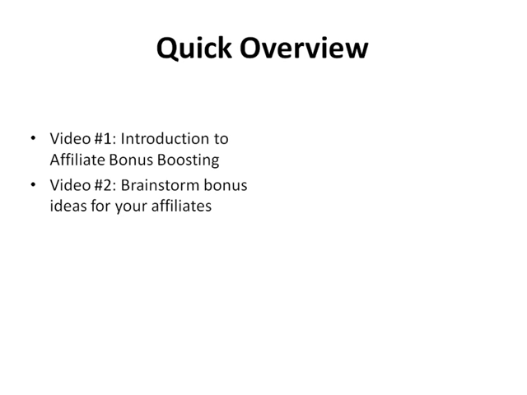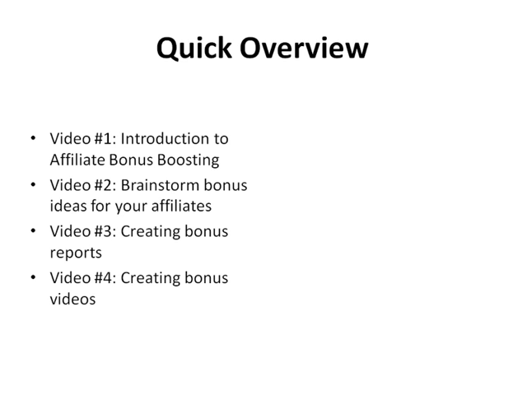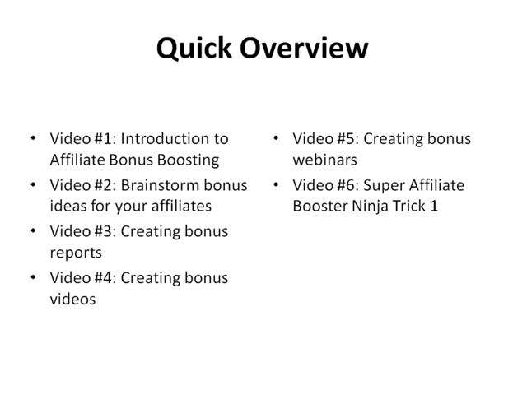There are many different strategies that I'm going to show you in that specific video. Video number 3, we're going to talk about how to create bonus reports. Video number 4, creating bonus videos. Video number 5 is creating bonus webinars. And of course, last but not least, in video number 6 and 7, I'm going to talk about specific super affiliate booster strategies. Really cool stuff.